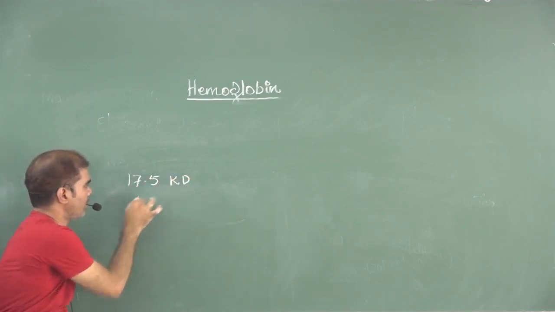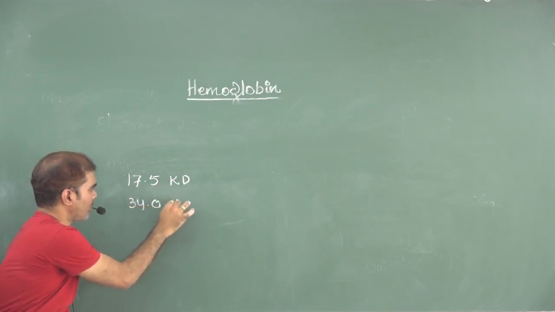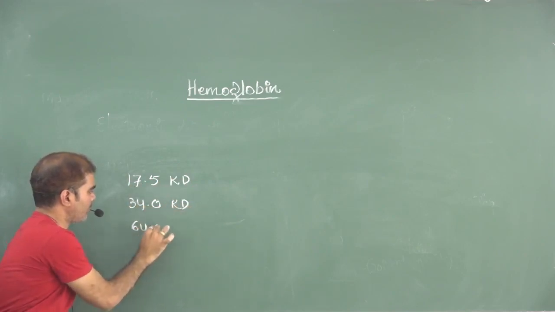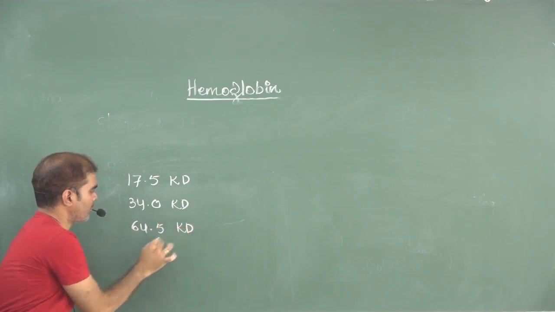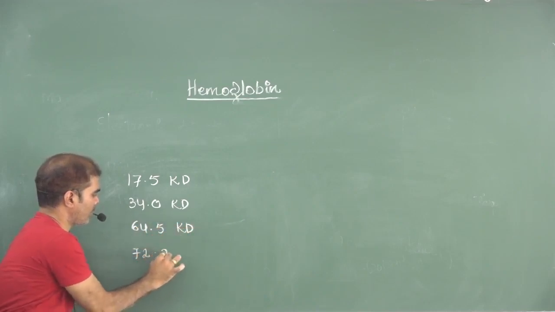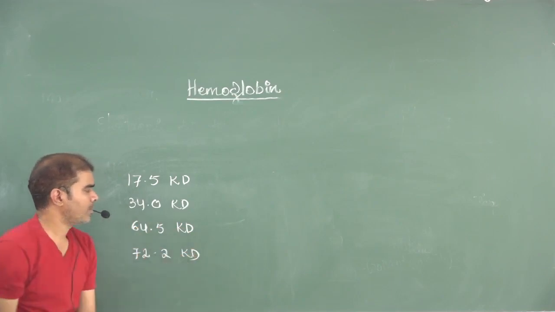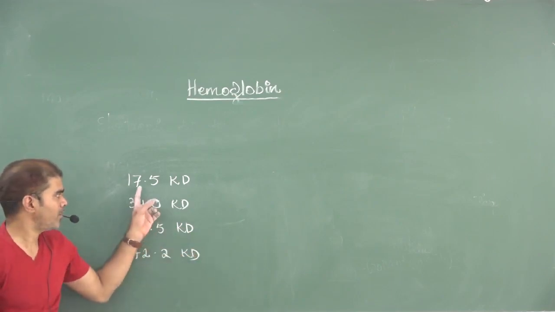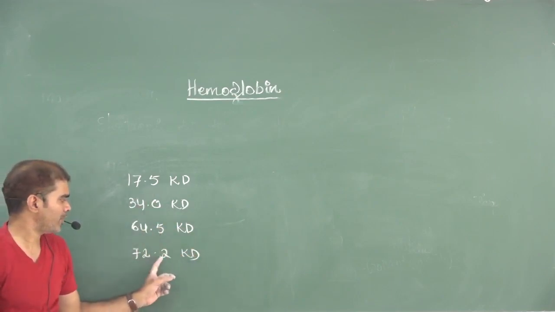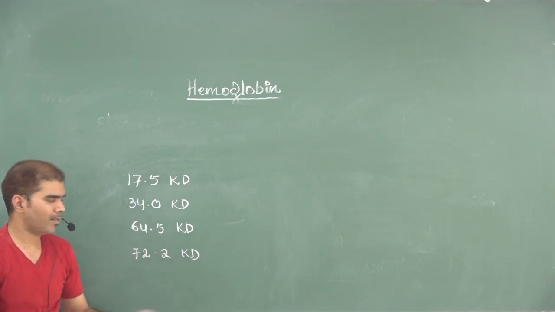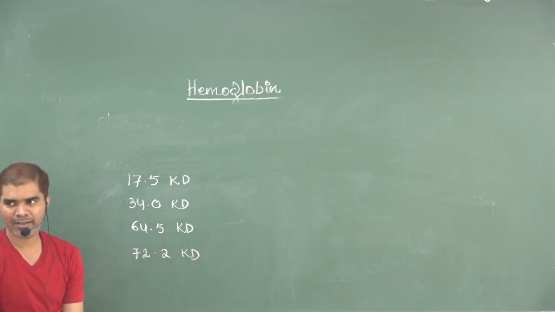What is the molecular weight of hemoglobin? Write down the options: 17.5, 34, 64.5, 72.2 kilodalton. KD refers to kilodalton.